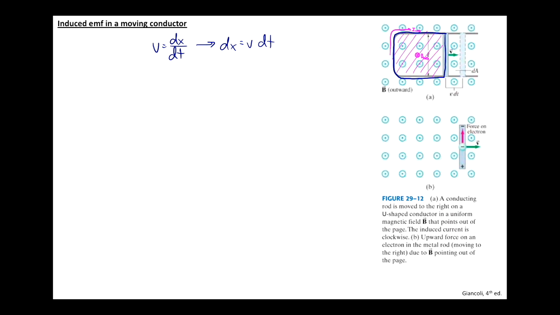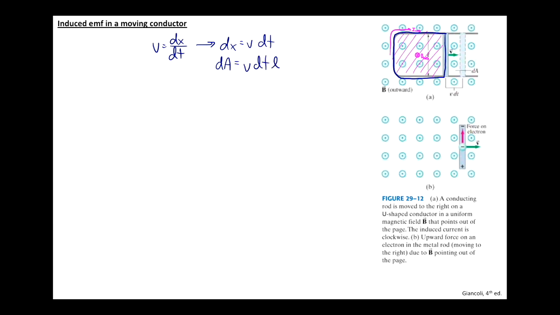And then we could change that to dA if I multiply it by what? L, right? If dx is a little bit of changing width, then multiplying it by L in that diagram will give me dA. So we can write that as v dt times L.